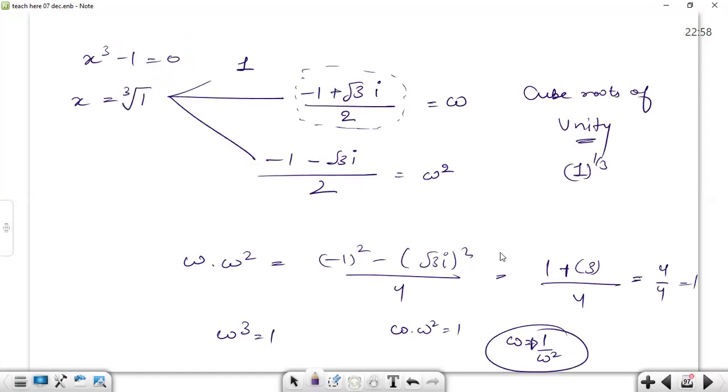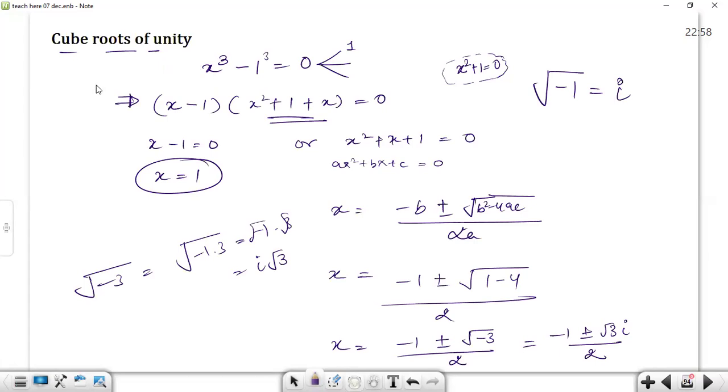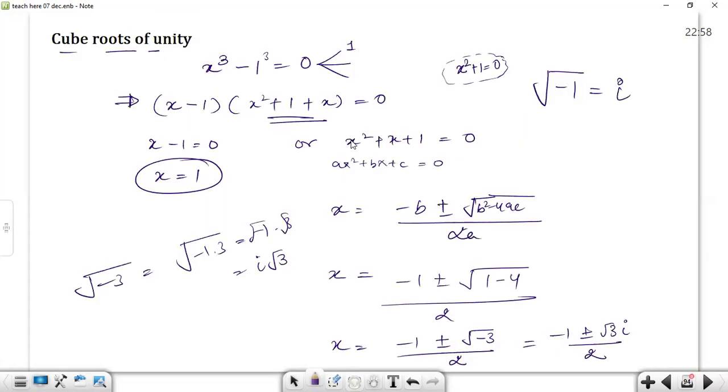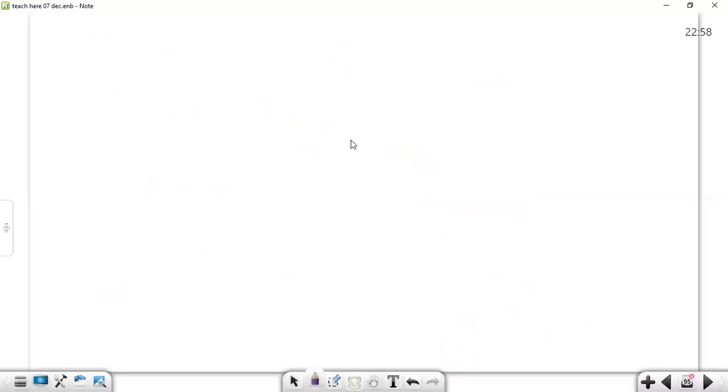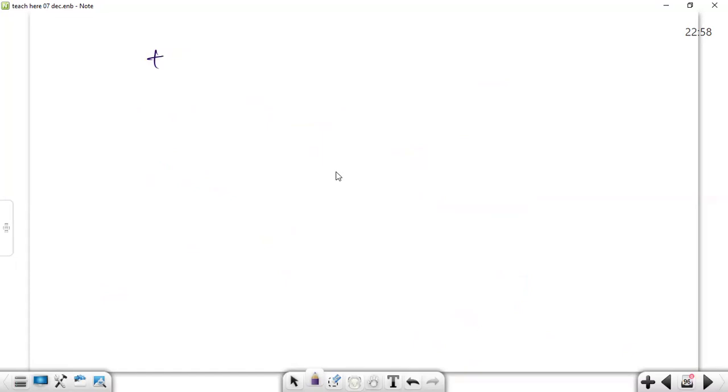Okay, no worries, we can write it again. So we were solving this particular, arre yaar, ruk ja. We were solving, please don't laugh anyone.